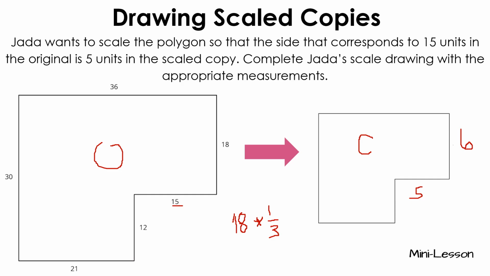And we're going to do the same method for 36. So 36 divided by 3 is 12. So the side that corresponds with 36 will be 12. Now we have 30, and we're going to take 30 and also divide it by 3. 30 divided by 3 is 10.